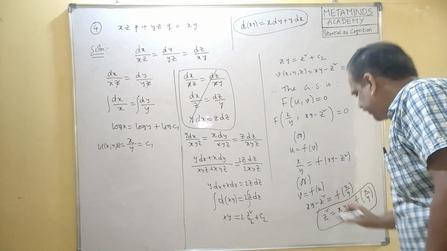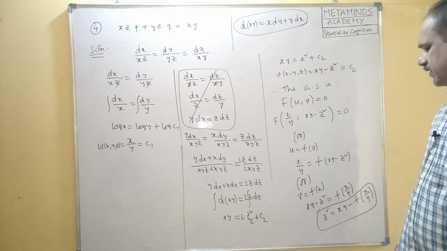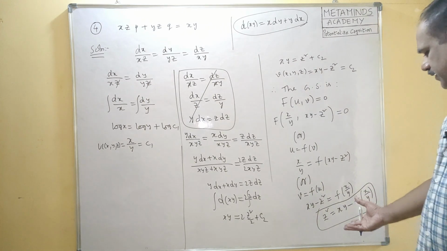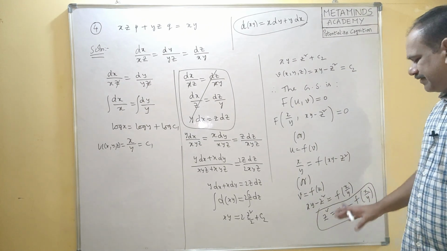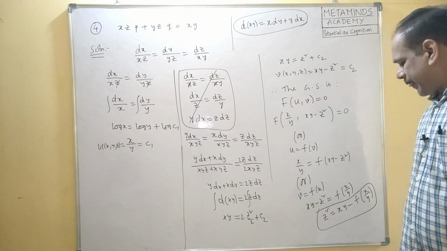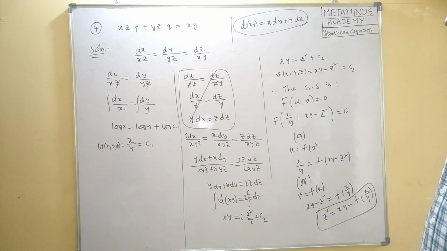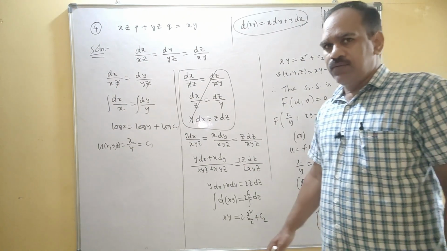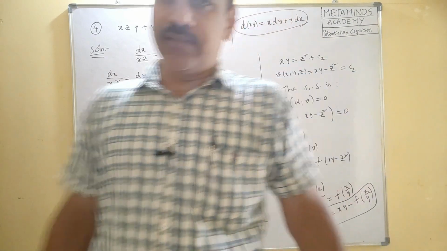This is the most convenient form of the general solution. Here you are obtaining z square, z explicitly in terms of x and y. This is the most required general form of the solution of the given equation.